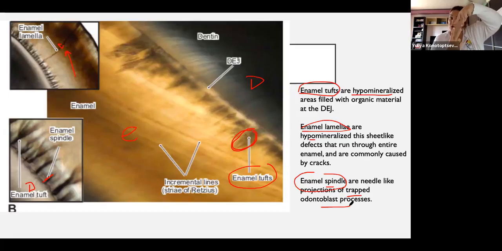But then they were going in opposite directions like that. Sometimes odontoblast gets too close to the ameloblast. So ameloblast deposits the enamel right on the surface of the odontoblast process. So its process is trapped. We can see it in the enamel.